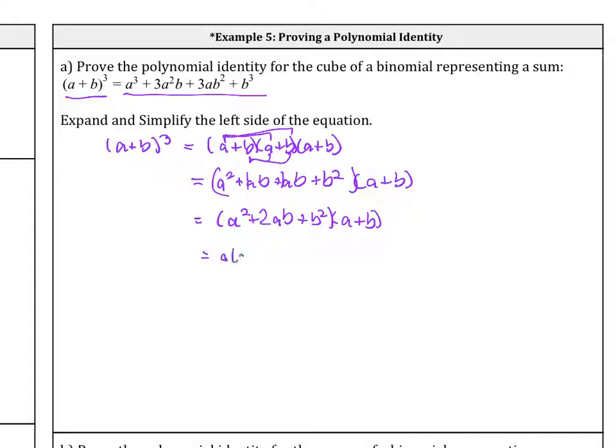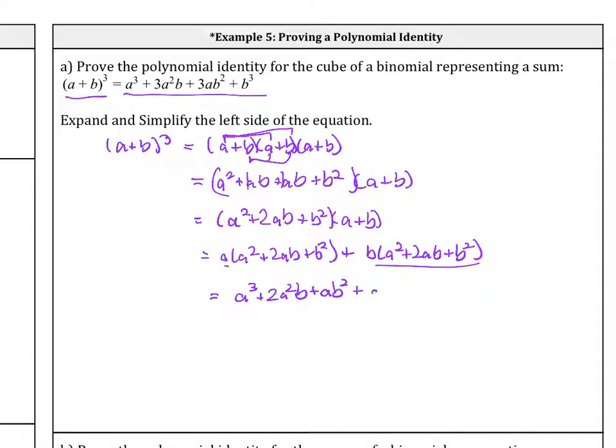So I'm going to do a times a squared plus 2ab plus b squared plus b times a squared plus 2ab plus b squared. And so this becomes a cubed plus a times 2ab is 2a squared b plus ab squared. Then this right side is a squared b plus 2ab squared plus b times b squared is b cubed.